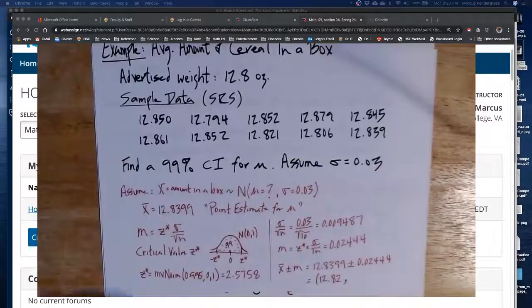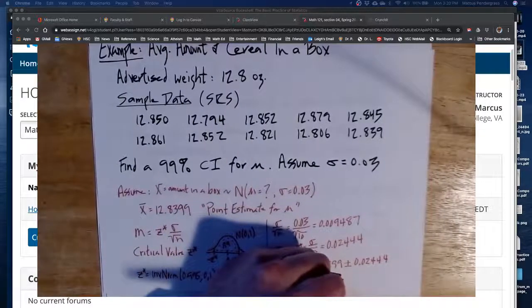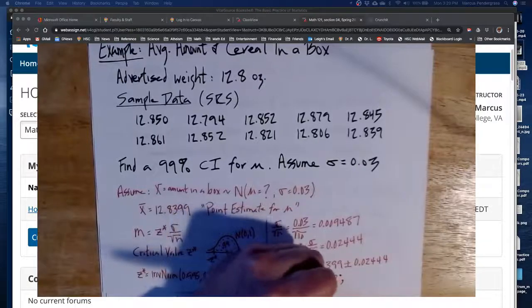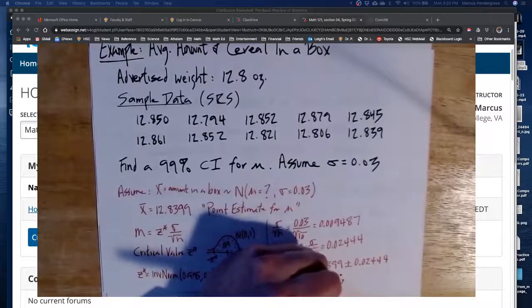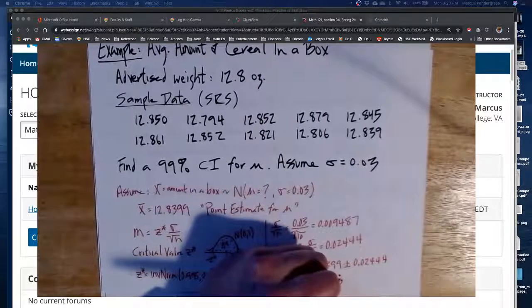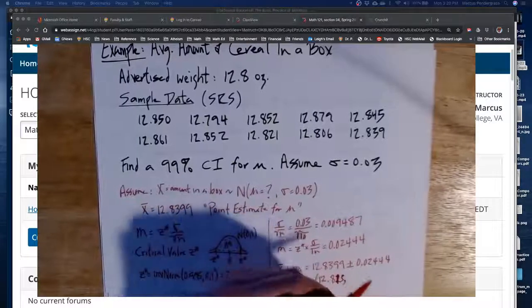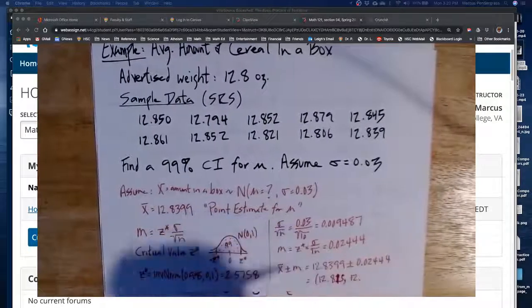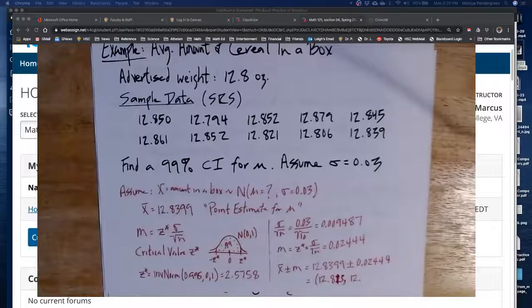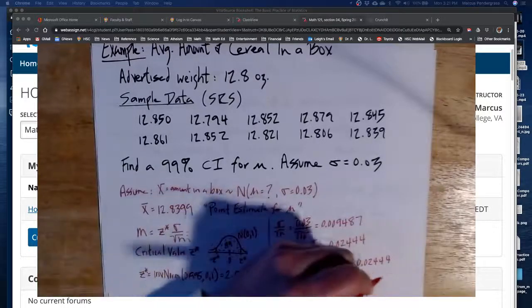I actually ought to round to 3 places because that's what my data was given. And then the upper bound would be 12.8399 plus the 0.0244. And just working that out, I get 12.864.